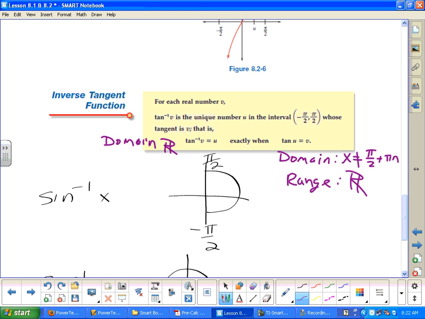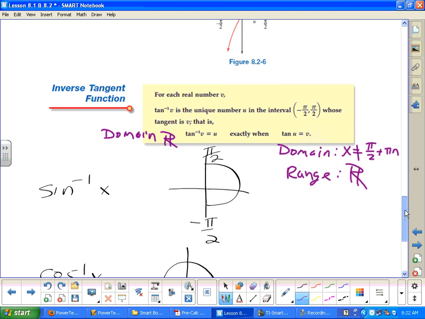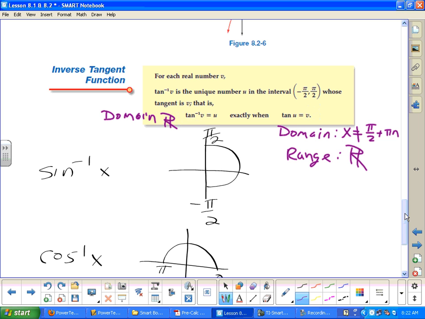And that's okay because if we take this graph and we do the inverse of it, it's just going to go this way. Which is fine. We can still have all real numbers for the domain, but the range is going to be between negative pi over 2 and pi over 2.